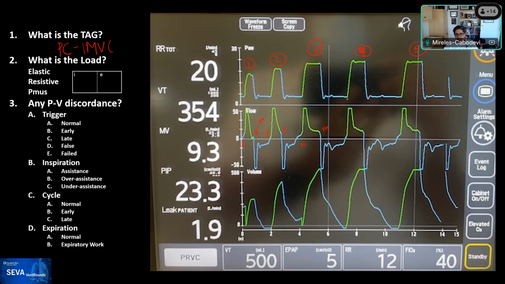This one again is another breath, minimal, but maybe patient triggered and machine cycled. And again, I see this effort here, this evidence of PMOS, which makes me think that these are machine cycles. So there's a machine, a patient, machine, machine, machine.